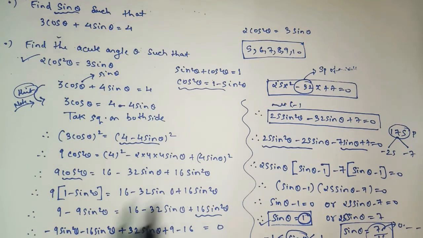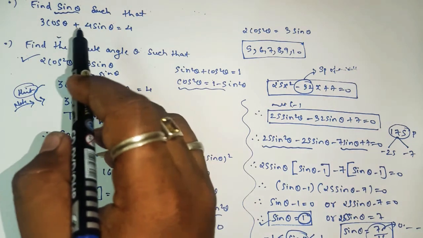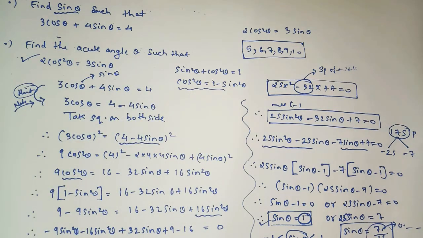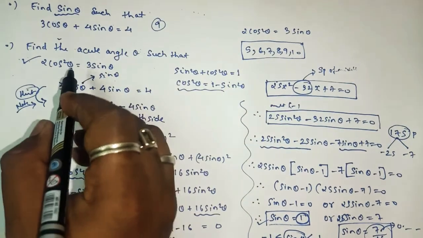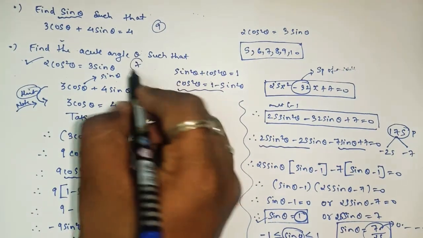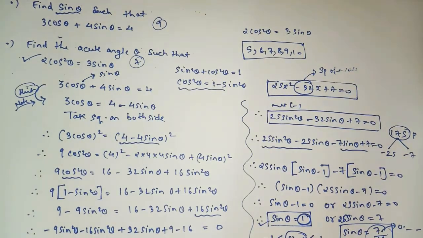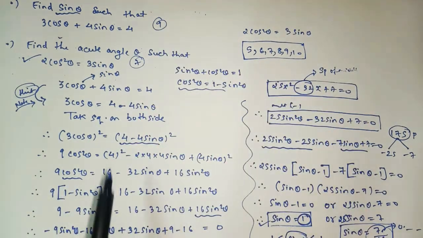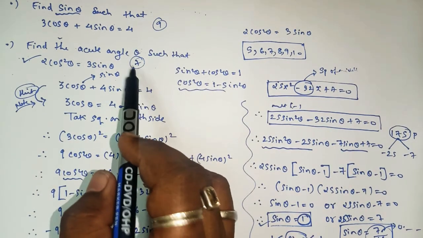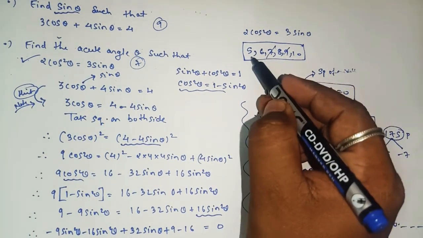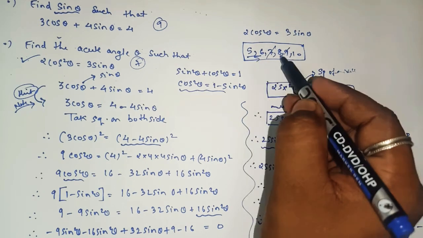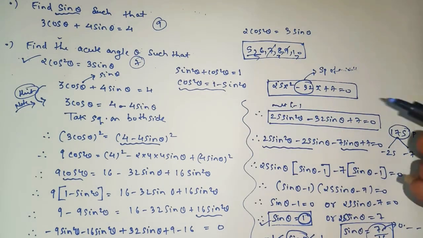I guess this one is your question number 9, and this one is your question number 7. I hope you all understood question number 9, but question number 7 you all will try by yourself. In the next lecture we'll see the remaining part if you want, or else you can try it by yourself.